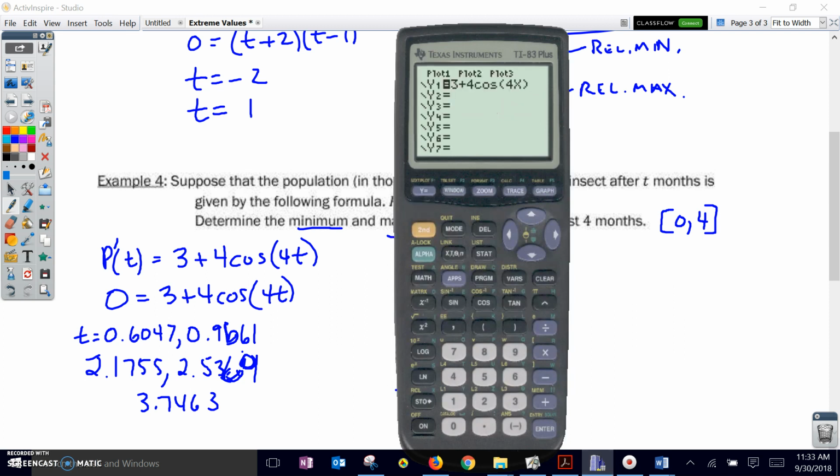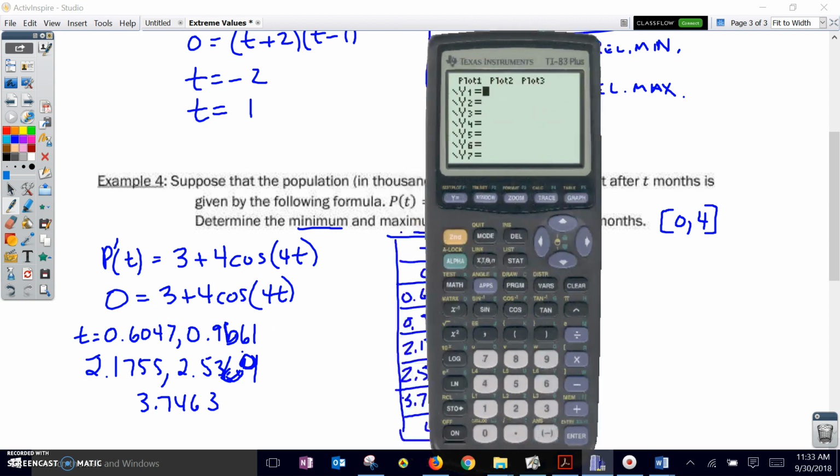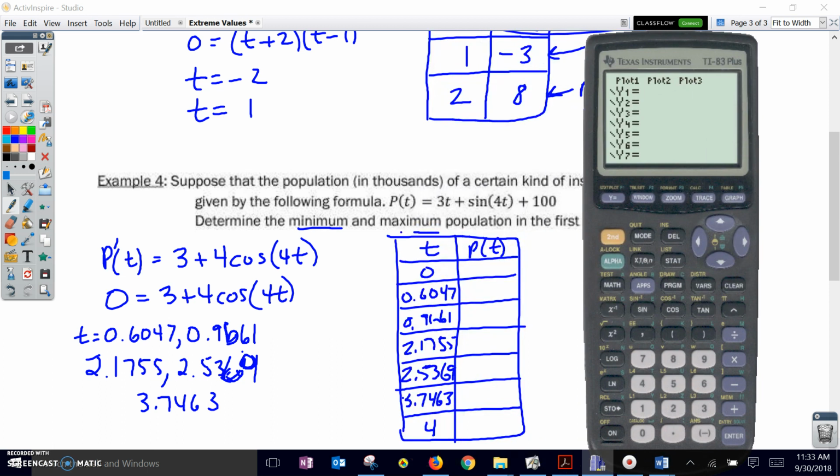And so I'm going to go back and utilize my table function like we did in the last video. I'm going to go ahead and type in my function. I missed the one.